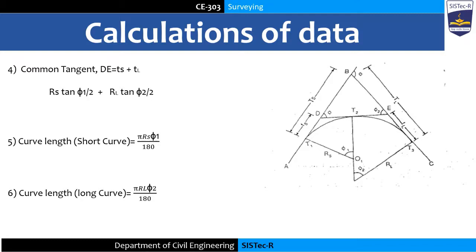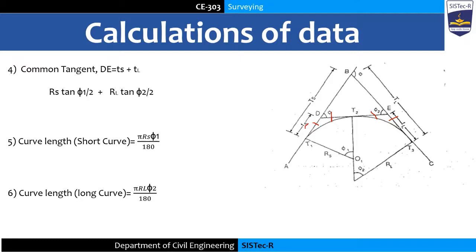Why? Because of the property of circle: if this DT1 is small ts, then this DT2 will also be small ts. Similarly, if I take this triangle and this side is TL, then ET2 will also be TL. This is a property of circle.